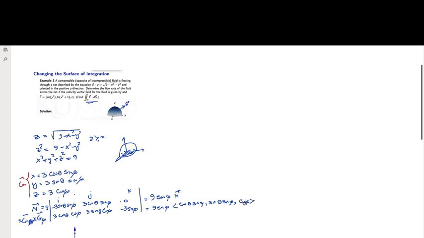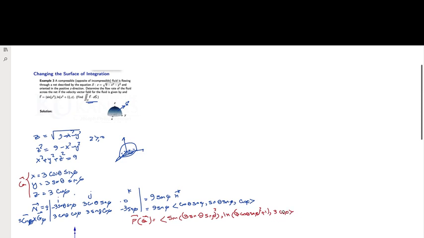Now the next step that I need to take is to compute f of g, and that ends up being sine of (3 sine theta sine phi) squared, and natural log of (3 cosine theta sine phi) squared plus 1, and then 3 cosine phi.